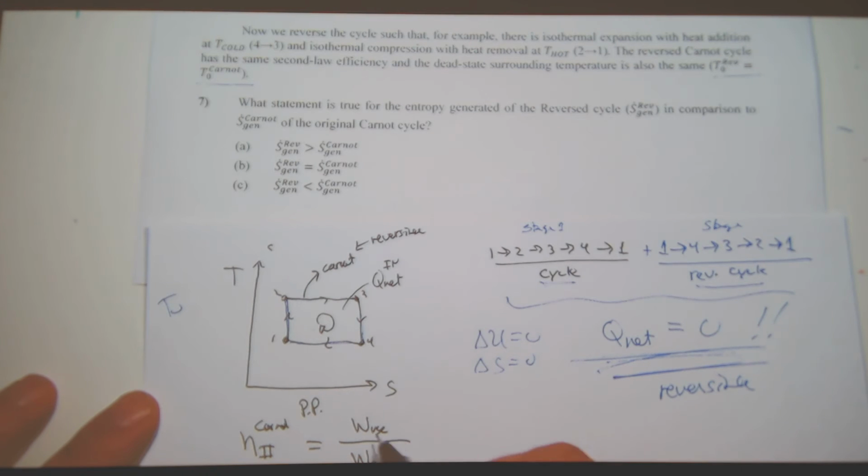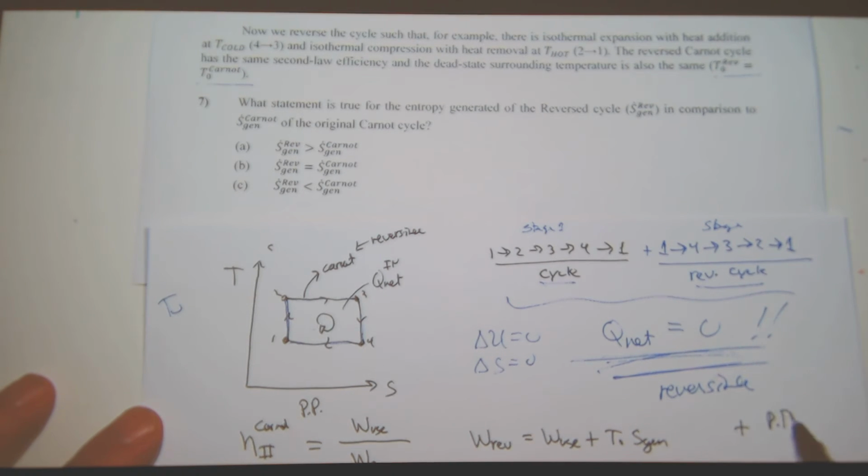Okay? And for the power producing device, work reversible equals the work useful plus T0 Sgen. Remember the plus sign was power producing and the minus sign was power consuming.